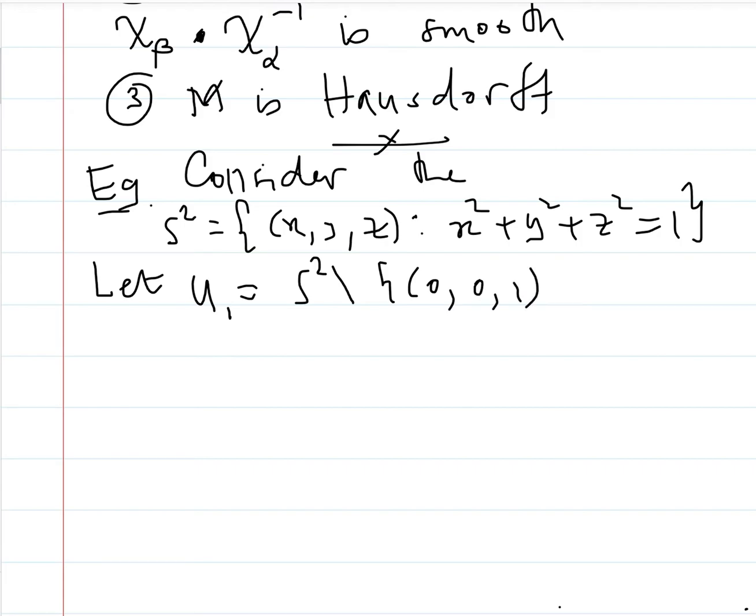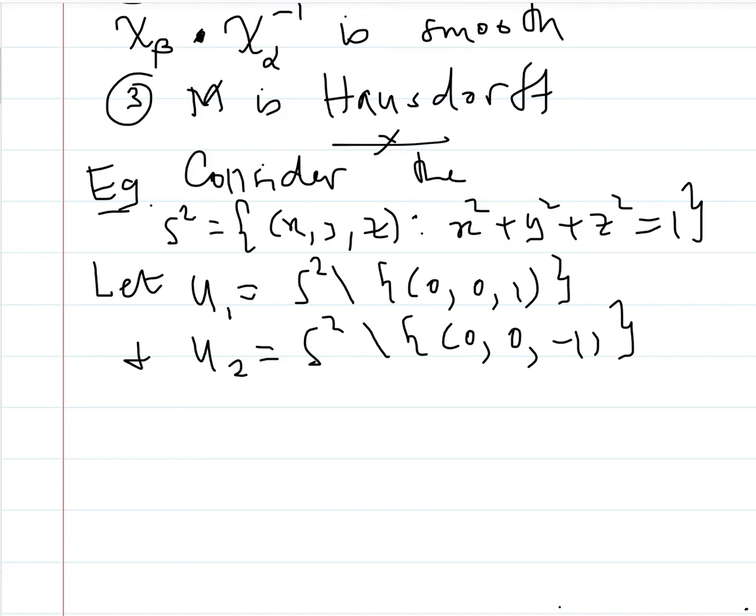So this point 0, 0, 1 is the North Pole. U1 is the whole sphere excluding this point. And let's suppose U2 is S2 excluding the South Pole. It's clear that U1 union U2 gives you your whole set S2. And we now have to define these maps.